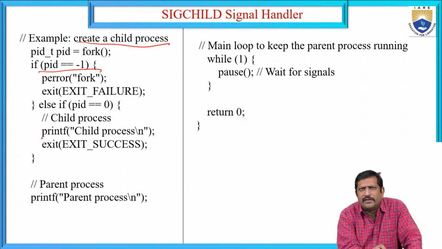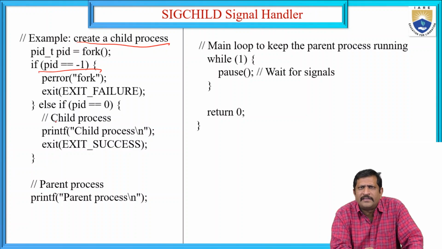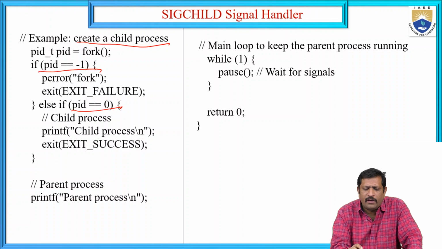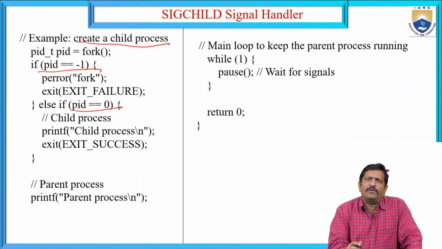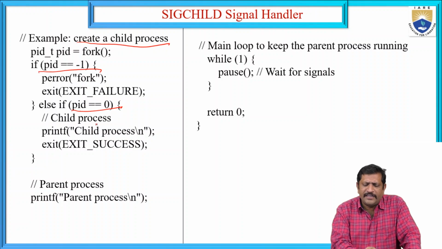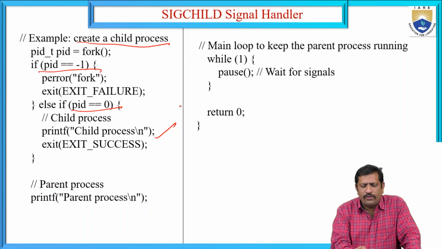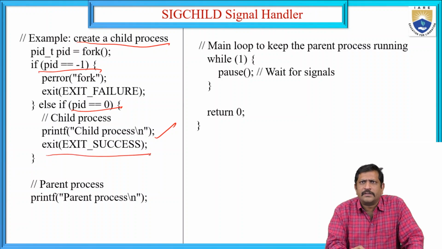Suppose it is receiving signals, then pid is something greater than 0 also. If it is executing this child process, now we are sending the signals, printf child process. We are sending the signals and exit successful.